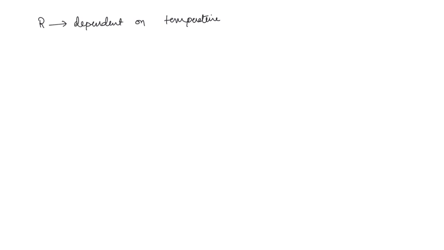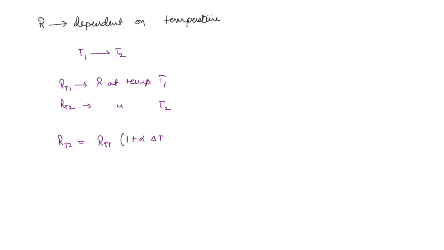Let us take a temperature rise from T1 to T2, let us say, or it can be a fall as well. Let R1 be the resistance at temperature T1 and R2 be the resistance at temperature T2. Then R2 is given by R1 into 1 plus alpha delta T.